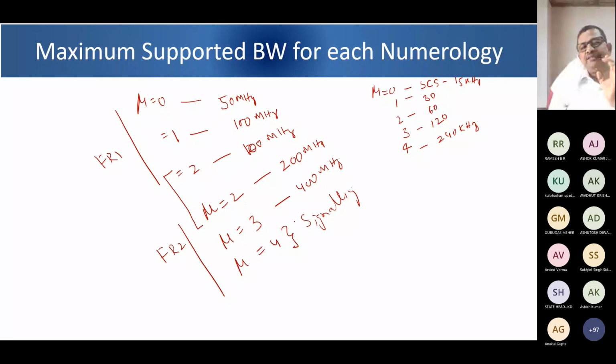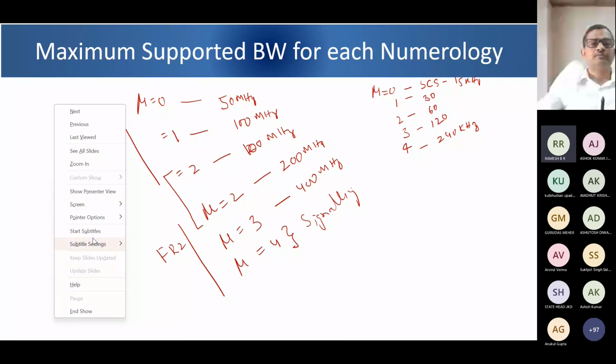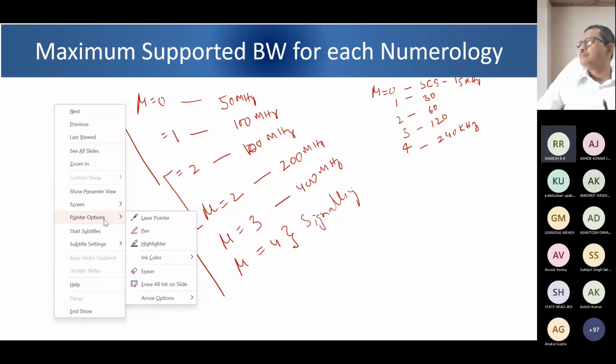And then for each numerology, you have a different guard band. Guard bands are defined. Is it okay to you? Yes, sir. A small doubt: how does the guard band have a physical significance of avoiding interference? How is this different?